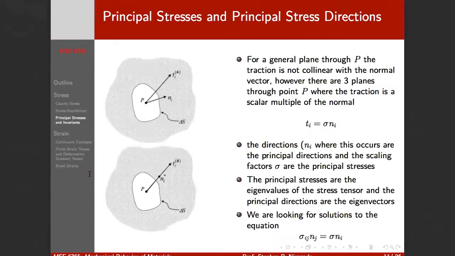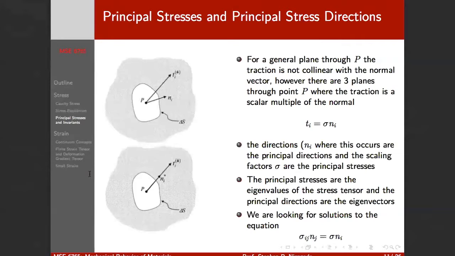Okay, so a really important concept with respect to stresses is the notion of principal stresses and principal stress directions. And what this means: as we showed before, for a general point, the traction vector is not necessarily collinear with our normal vector.